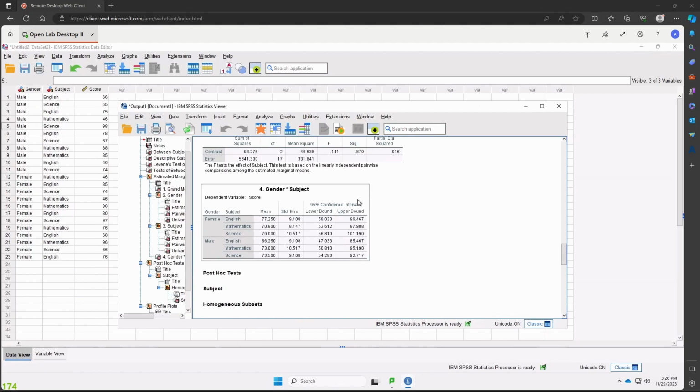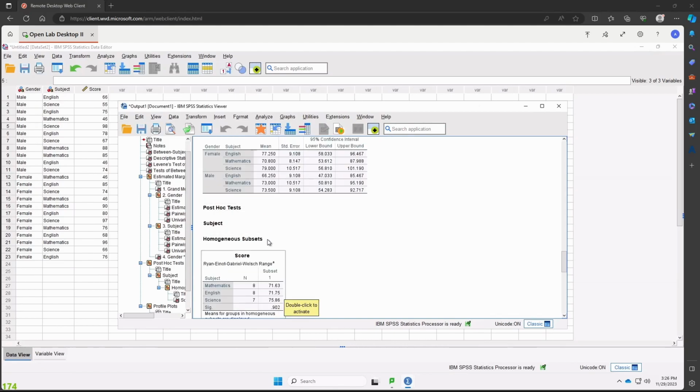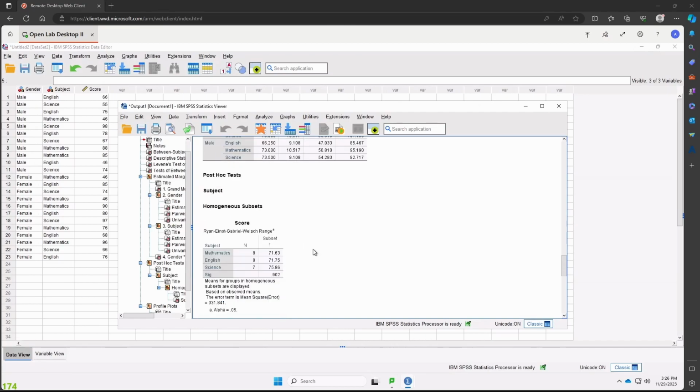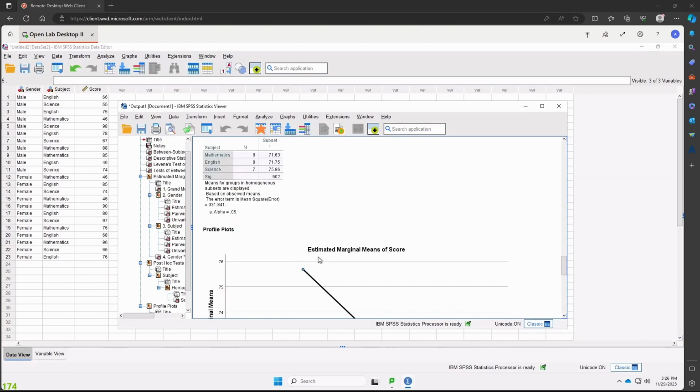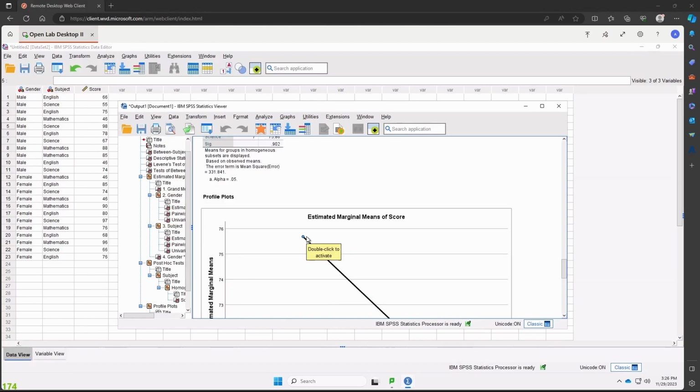And if we scroll down, this is the result for the REGWQ test for the homogeneous subsets. You can see that all of them are in just one subset, for English, mathematics, and science.